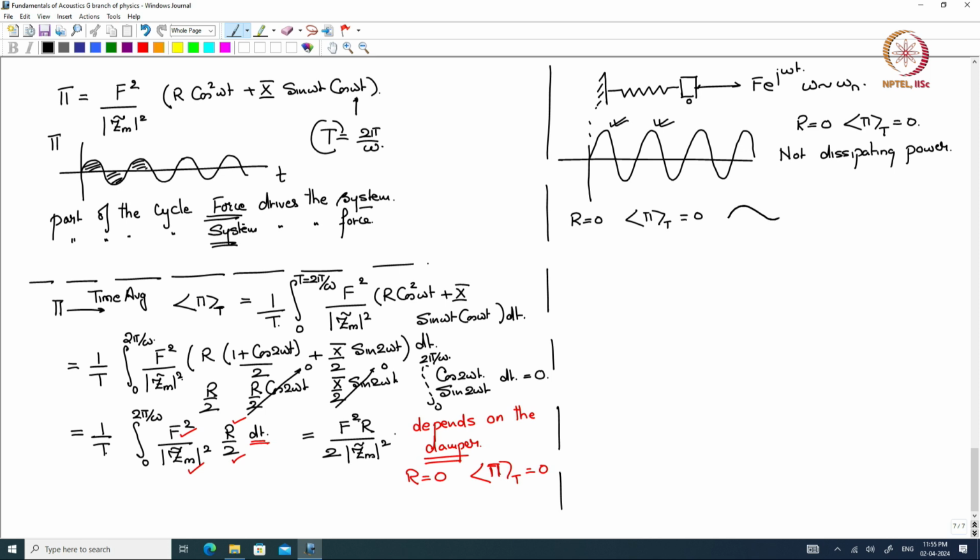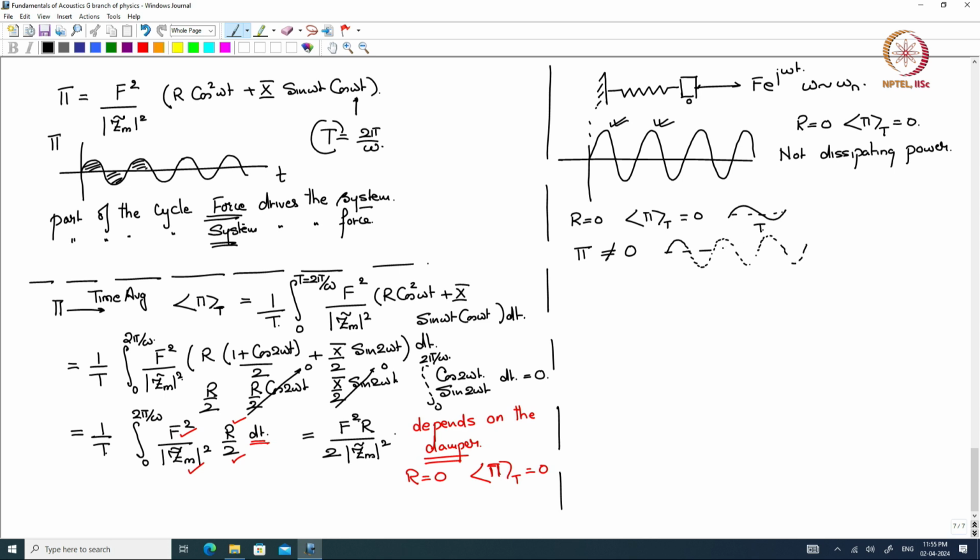Integrated over one time period, the power is 0, but that does not mean the instantaneous power is 0. Instantaneous power is non-zero. That means there are positive cycles to this instantaneous power and negative cycles to this instantaneous power.